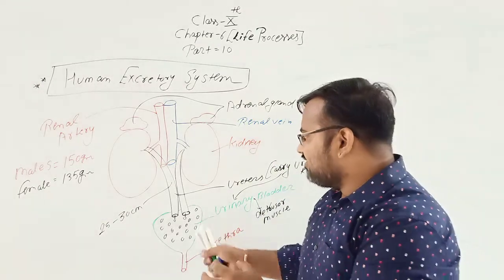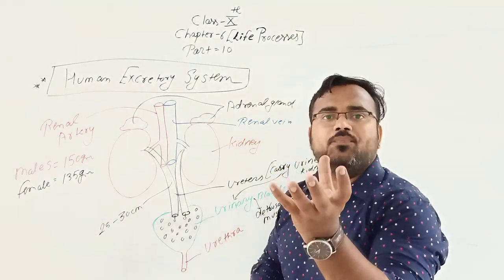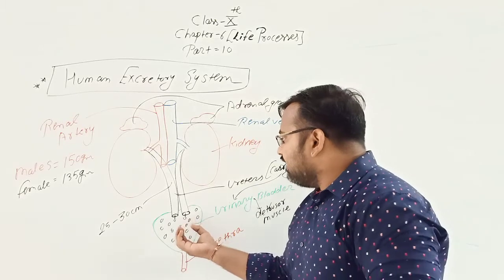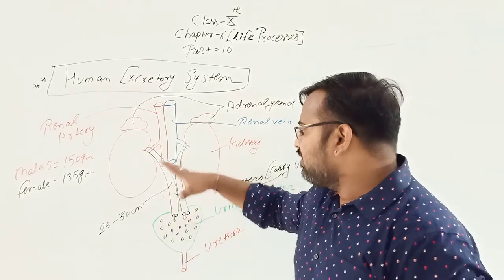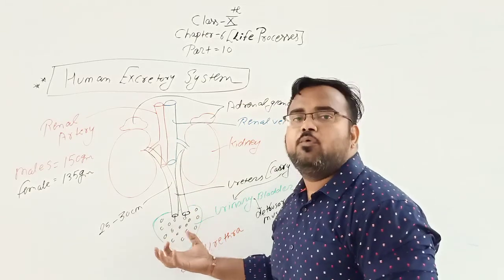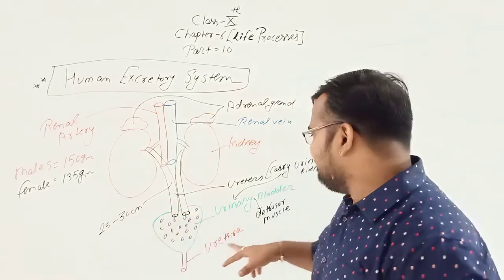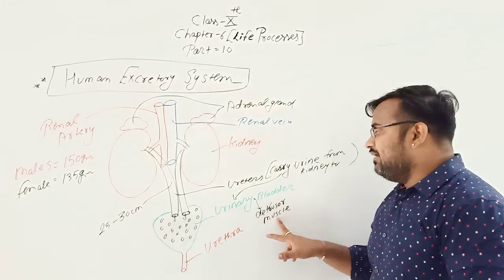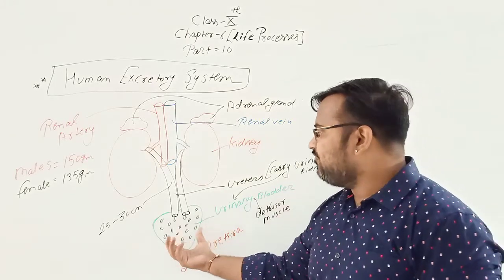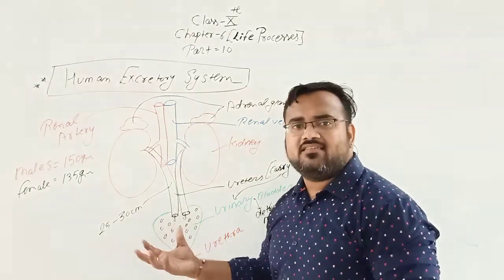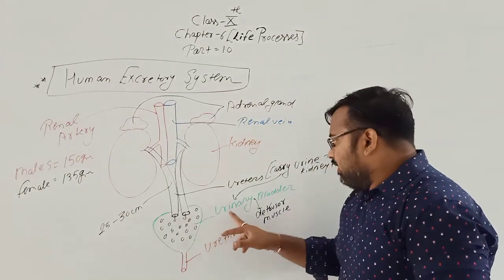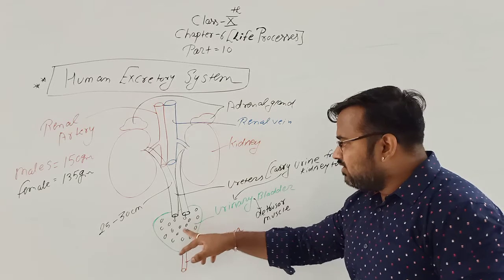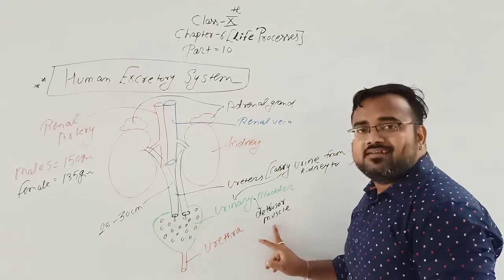It is a bag-like structure which can increase in size when more urine comes. Therefore, this structure is very flexible and can store more urine. The muscle present in the walls of the urinary bladder is known as the detrusor muscle.